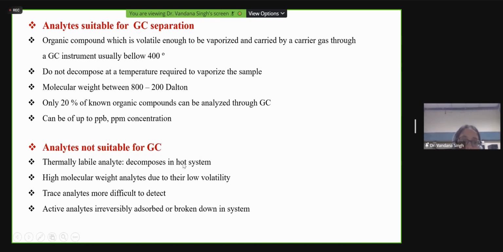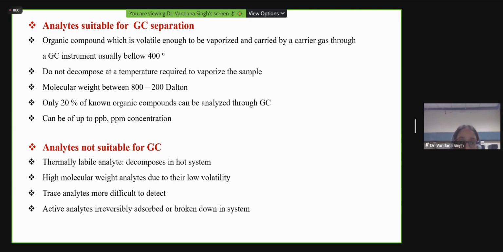Very high molecular weight compounds have low volatility, so they are also very difficult to separate through this system. Very trace amounts, very minute quantities like parts per trillion, are also very difficult to analyze through the GC system.